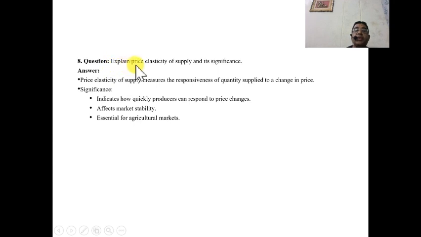Now question number 8, explain price elasticity of supply and its significance. Price elasticity of supply measures the responsiveness of quantity supplied to a change in price. Significance: it indicates how quickly producers can respond to price changes, affects market stability, and is essential for agricultural markets.